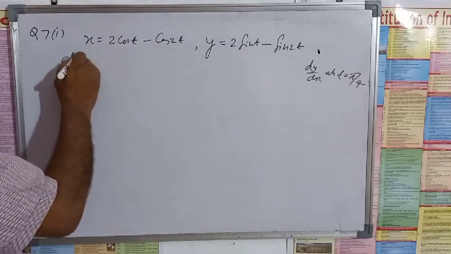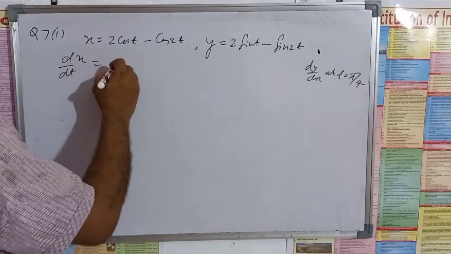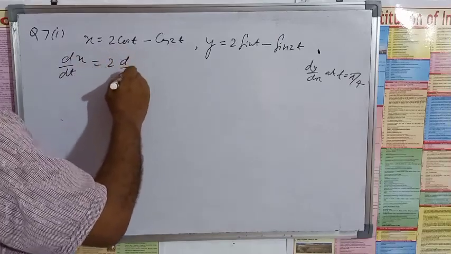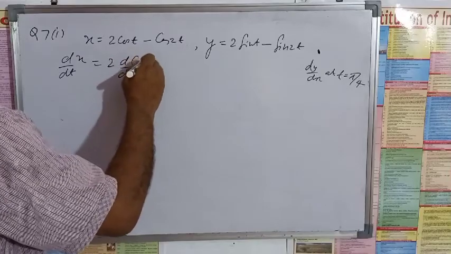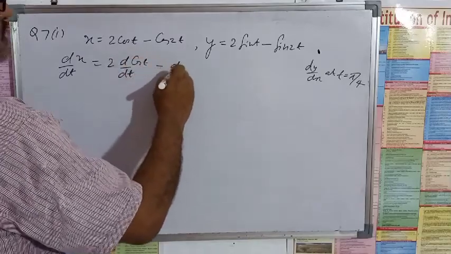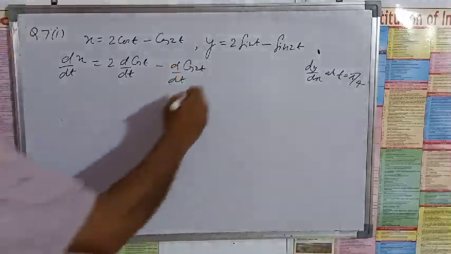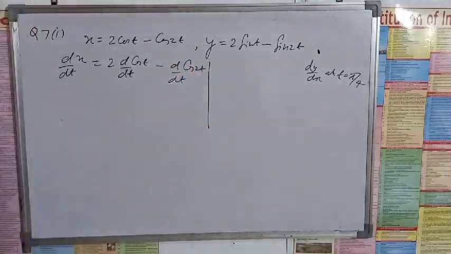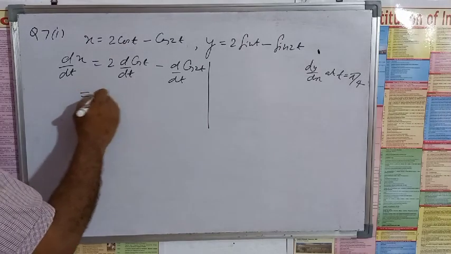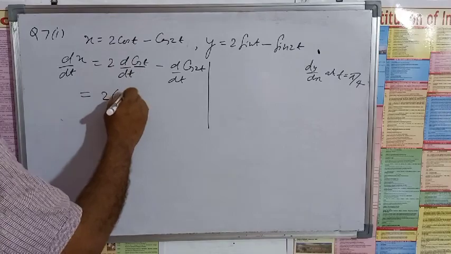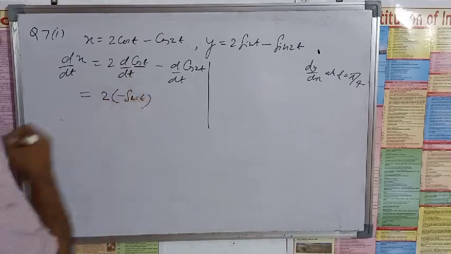d by dt of x. 2 is constant, take it outside: d by dt of cos t minus d by dt of cos 2t. The derivative of cos t is minus sin t.